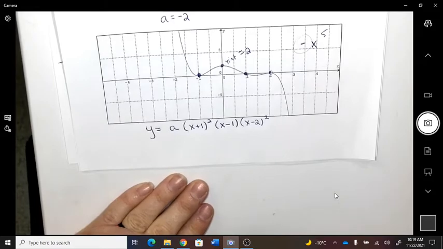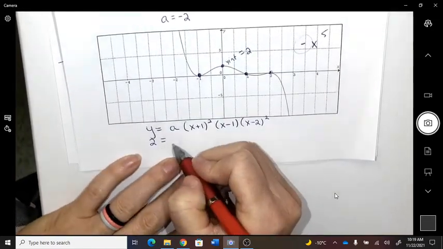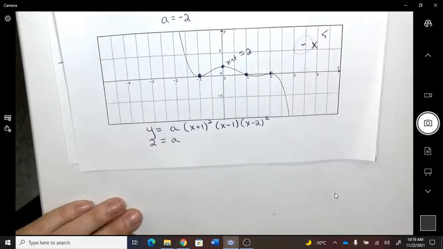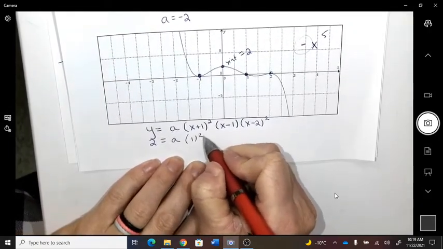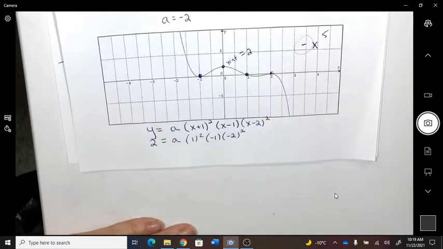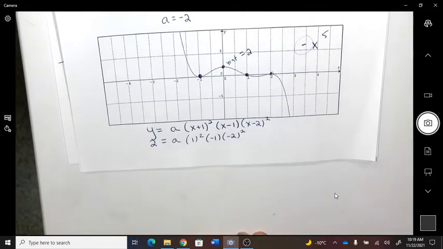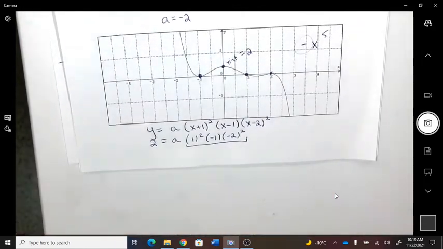Okay. So let's say that this y-intercept needs to be 2. And I've replaced x with 0. Okay, what do all of those three things multiply to?